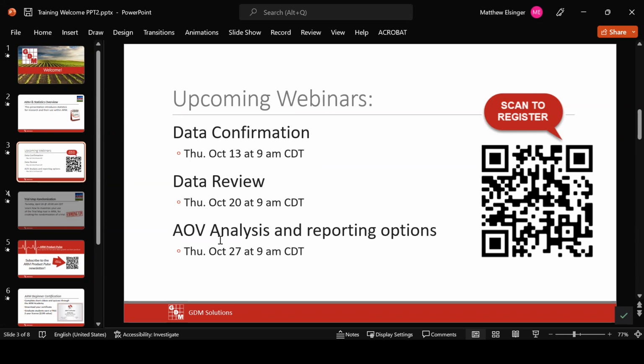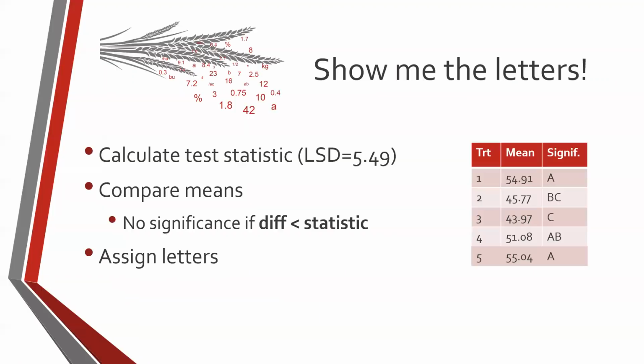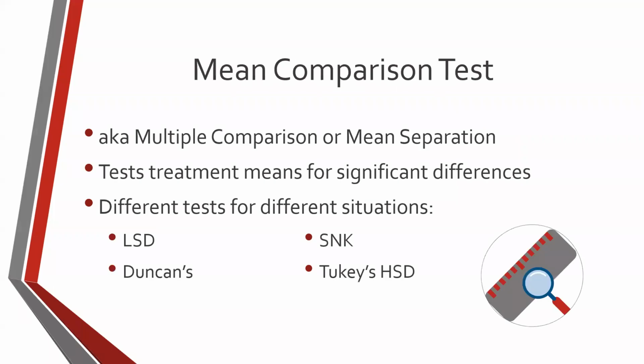Question here: among the post hoc tests you listed, which one is the most conservative or liberal? Let me go back to that slide. We had these four that I mentioned.